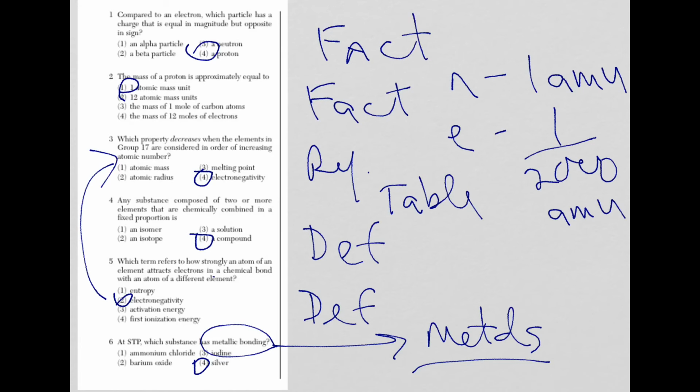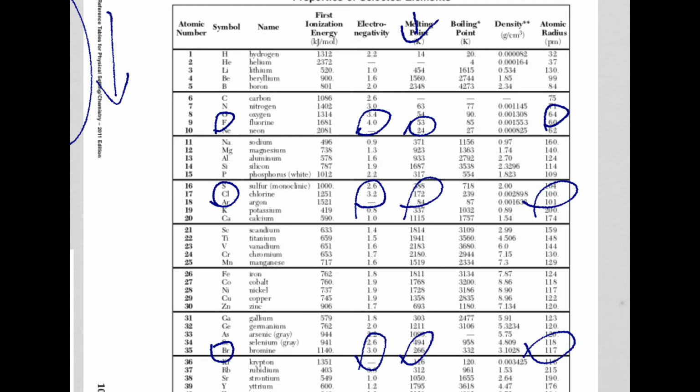The only choice here that is the name of a metal is number 4, which is silver. If you don't know the symbols for the different words here, again, go to the periodic table. All of the names for all the elements are on reference table S.